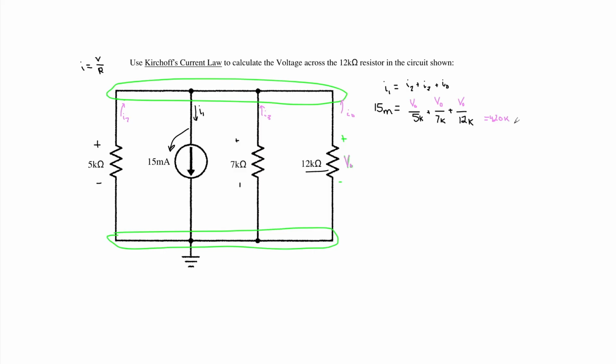Now, we need to apply this denominator to each fraction and the associating multiplication across the numerator. So, solving for our first term here, we will have our V naught multiplied by 7 times 12, which gives us 84, over our total denominator of 420.